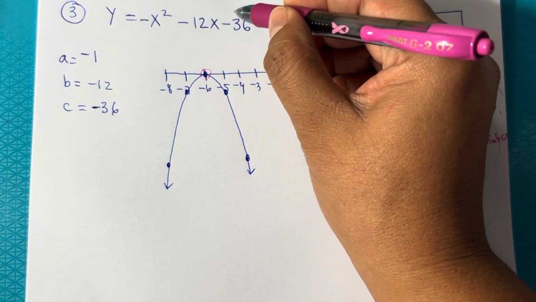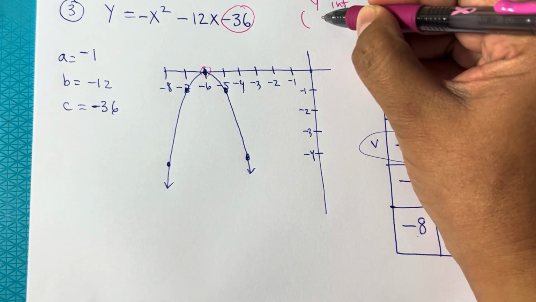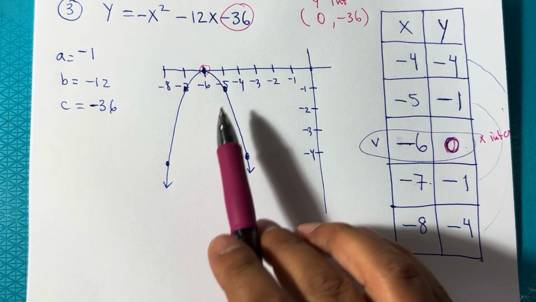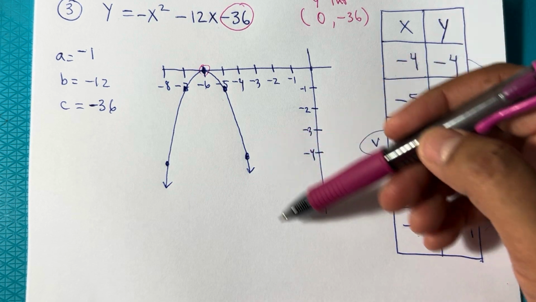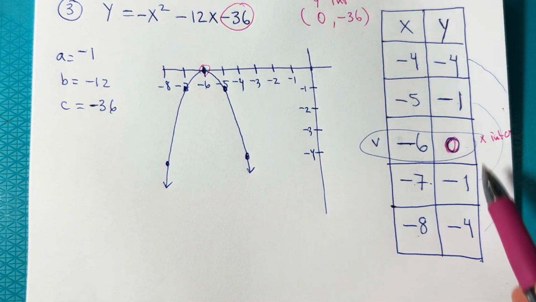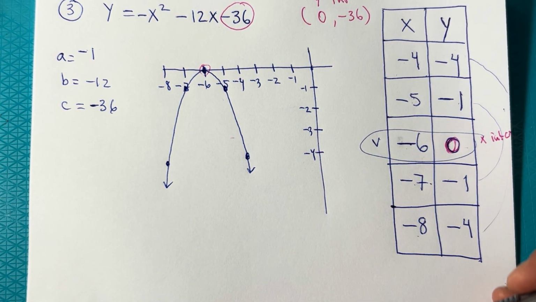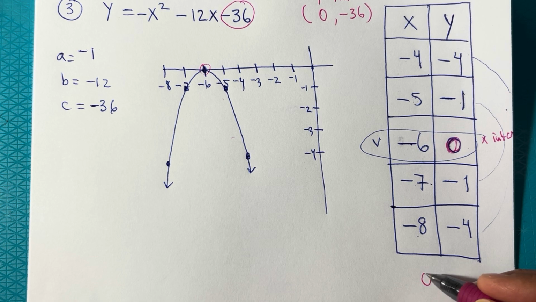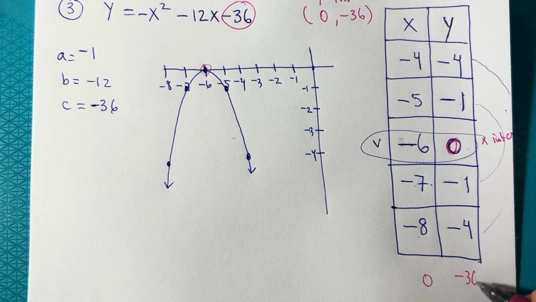So we can see that my y-intercept will be at 0, -36. Okay, and so the graph, you can see that even though it doesn't touch, it's going in that direction. And so those are some of the things that we can analyze. The y-intercept that it will touch. And here we can't really see it, but you would see 0, -36, and it will be up there for the y-intercept.